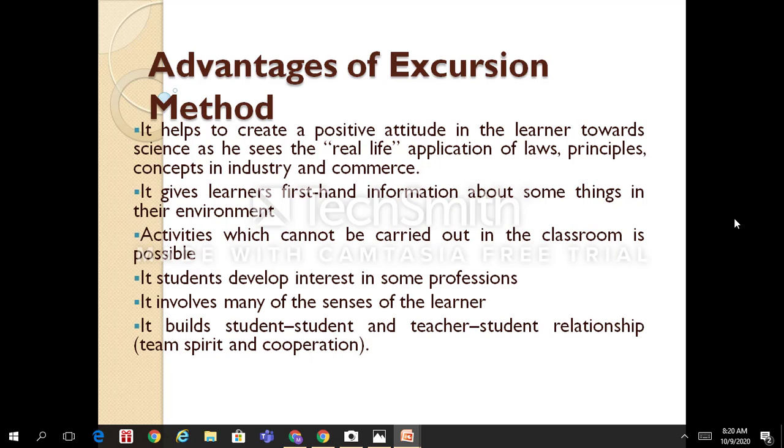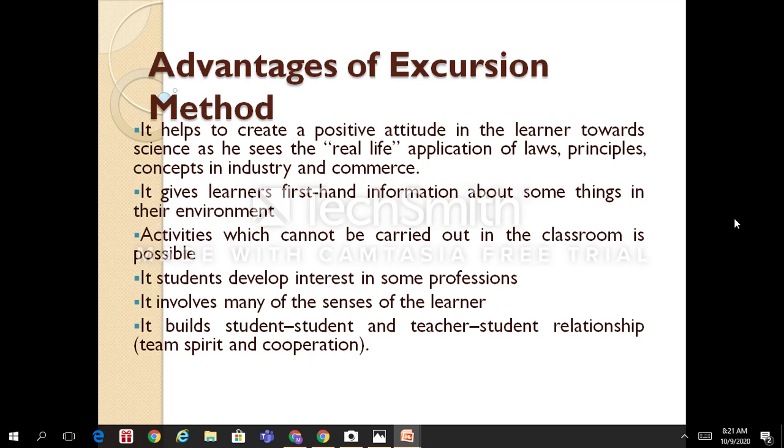Even though we said that this is another good method of teaching, it has its own advantages and disadvantages. The advantages of this method involve a positive attitude. It creates a positive attitude in the learner towards science, because when they see real life things and the application of principles and concepts in industry and commerce, they will be able to remember.